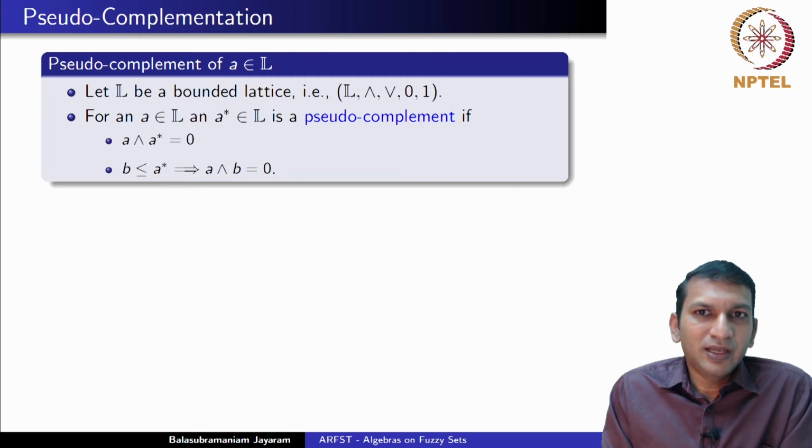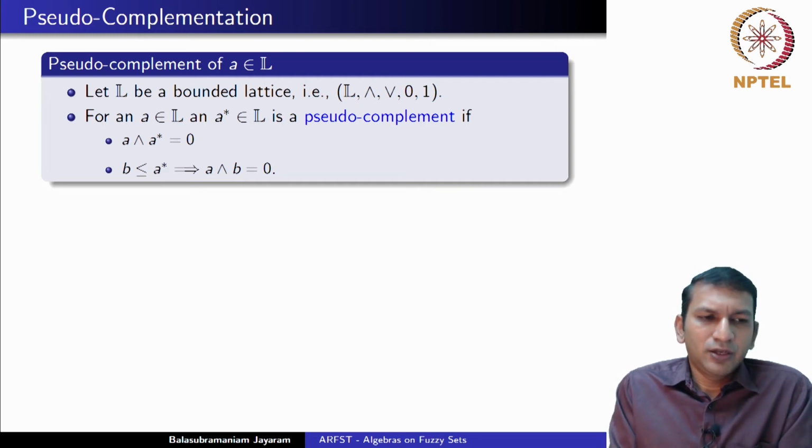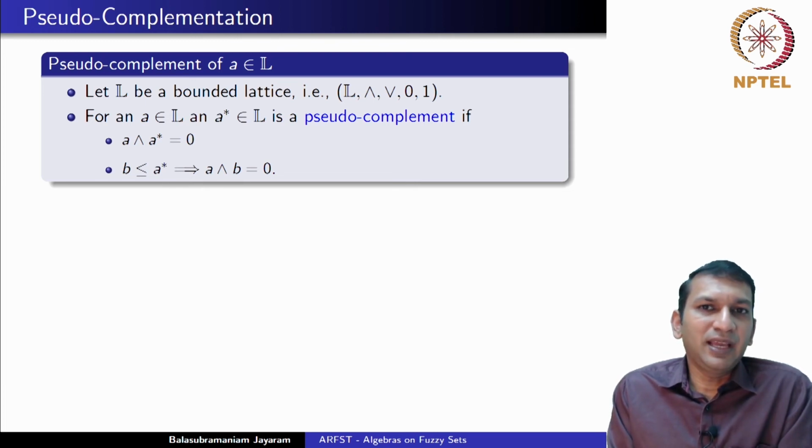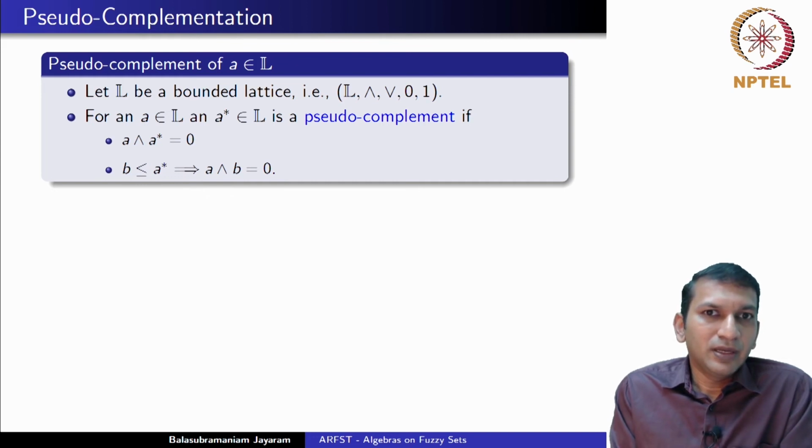Note that what this says is the A star that we are choosing should be such that it is the largest element among all elements of L, such that A meet A star is 0. If there is a B which is smaller than A star, then A meet B also should be 0. In that sense, we are seeing that a pseudo complement is unique because it is the largest element in the lattice such that A meet A star is 0.